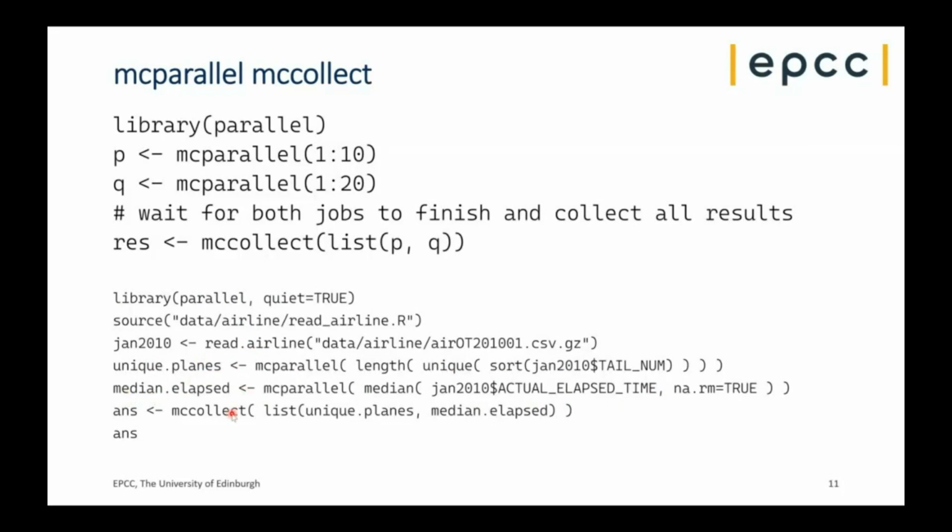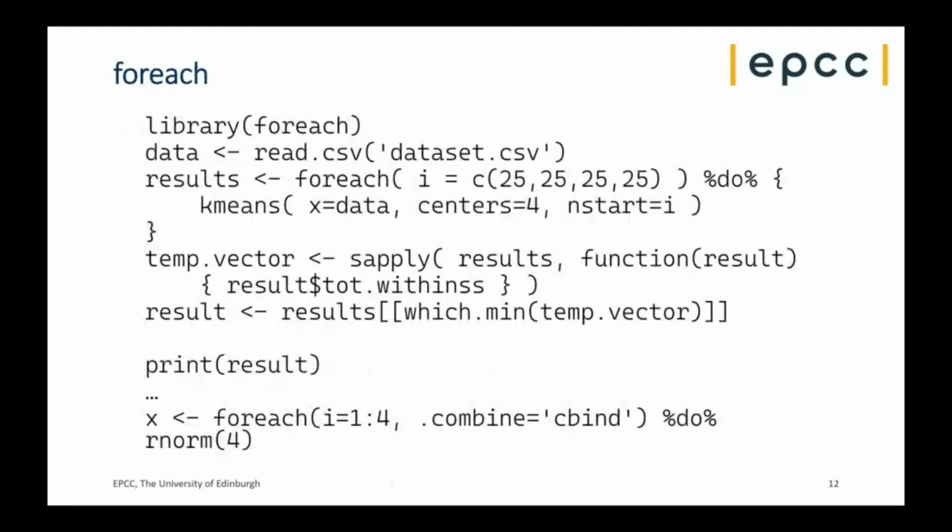We can do both these things at the same time, and then just collect the results together in a list where we interleave the data so their median and plains are put together. This can allow us to process very large data sets and do different things to the data sets at the same time.